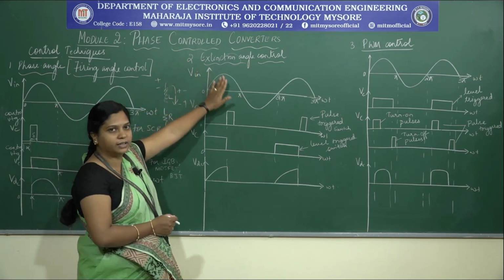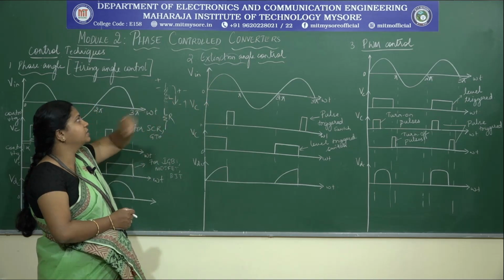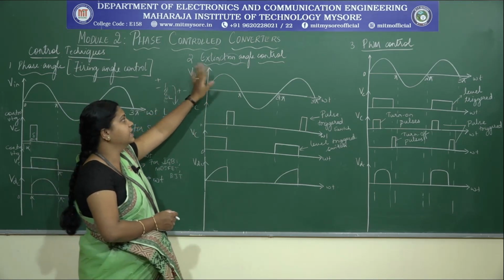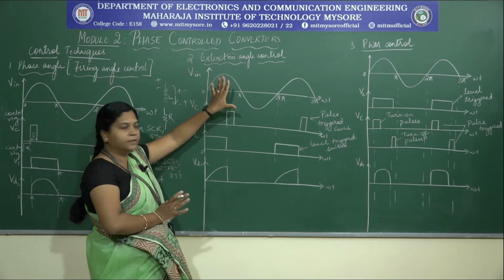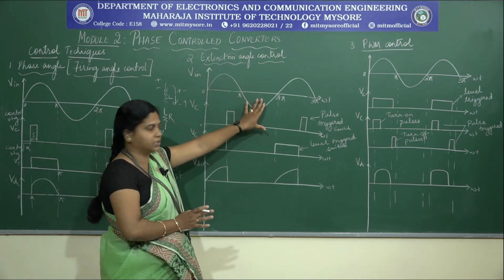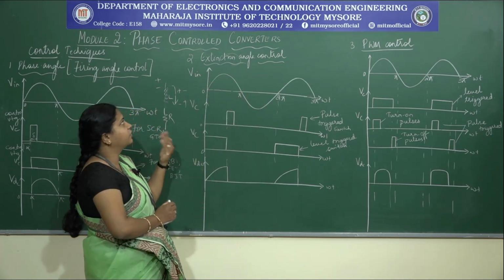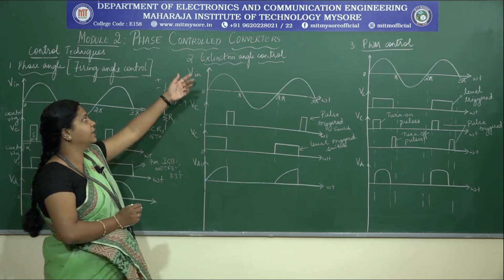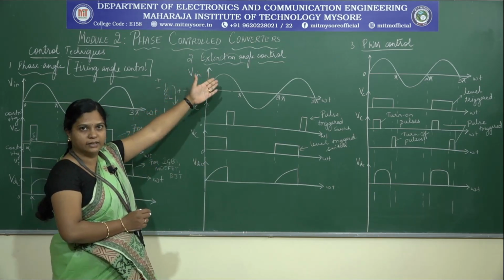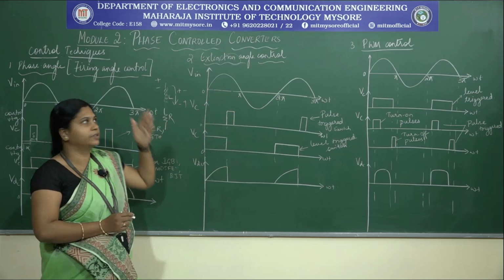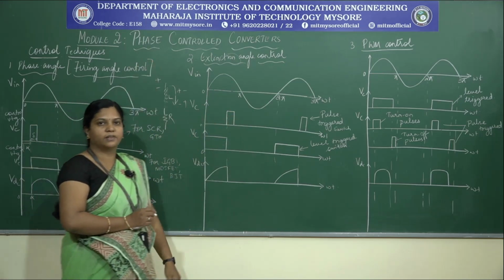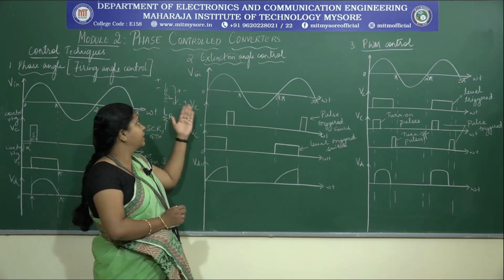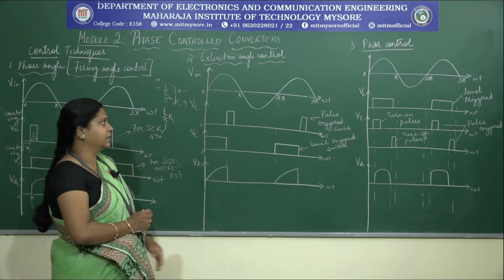So in a similar case, when we use an energy storing device inside a rectifier circuit, we are going to come across something known as the extinction angle. Later, when we study the different circuits of phase control converters with RL load, we will come to know what this extinction angle is.